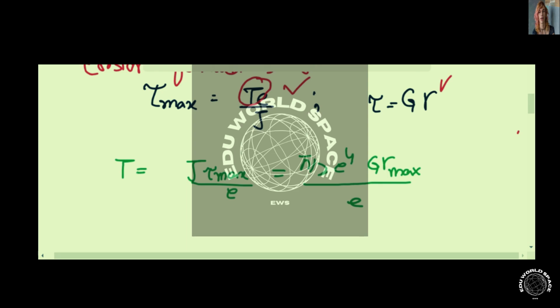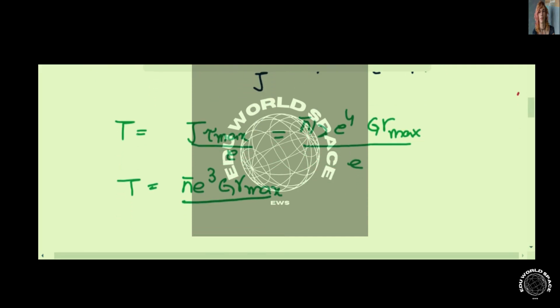So when we simplify it, we get that T is equal to pi times c raised to power 3 G times, sorry, not y, it's gamma sub max, right, divided by 4. And just plug in the values and we get that torque is equal to 270 times 10 raised to power negative 12 times G, right?